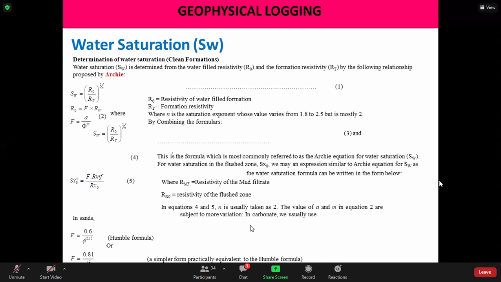This is the ability to transmit a particular fluid where there are other immiscible fluids in the reservoir. That is when a formation contains two immiscible fluids and one is being transmitted at the expense of the other. Okay, that is effective permeability.